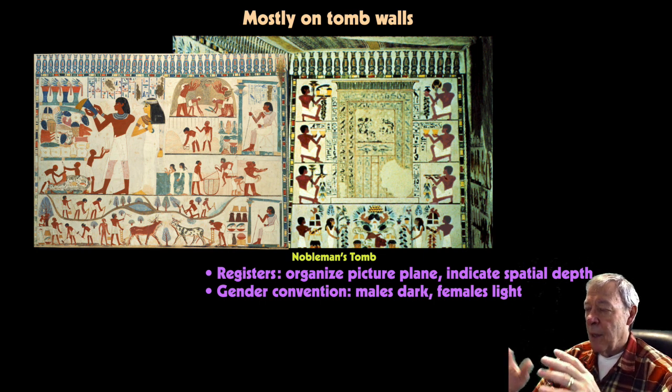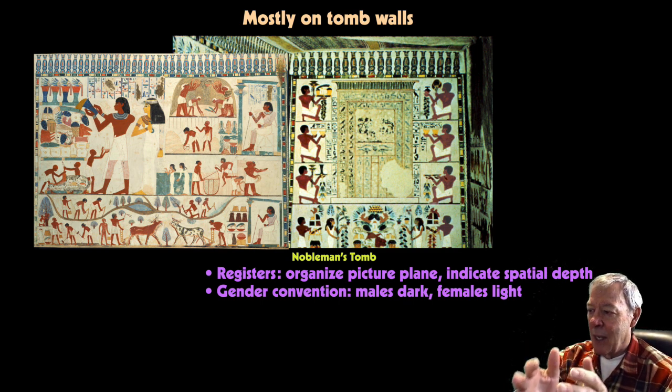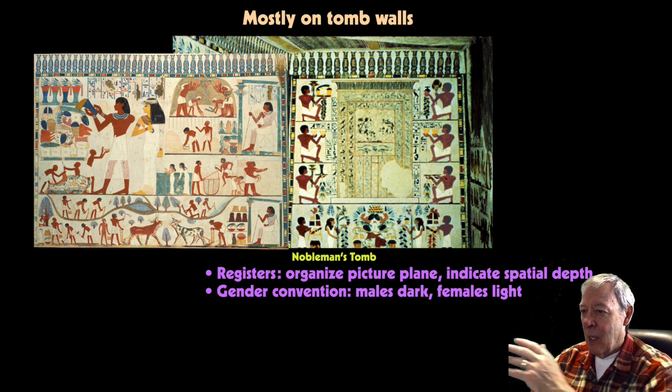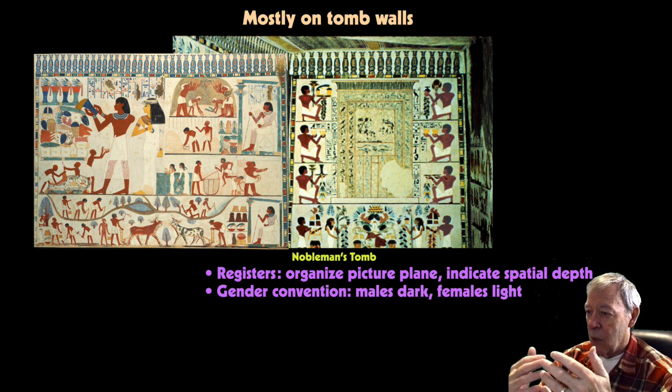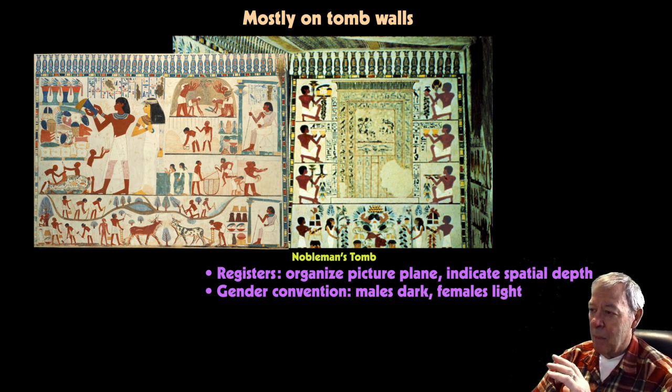Has nothing to do with ethnicity or race. It's just a conventional way of representing an outdoor lifestyle as opposed to indoor lifestyle. And so even when you have slave women out working in the fields, they typically are light colored as well, because it just becomes eventually a conventional way of representing females versus males.